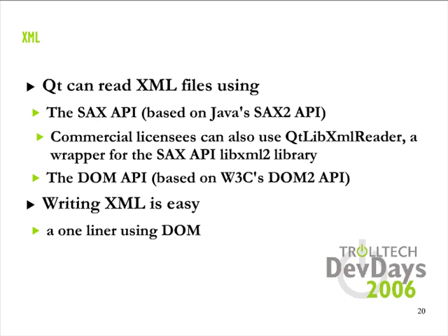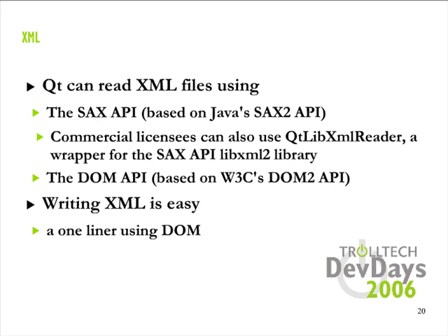And it's actually slightly unusual for Qt because it's modeling a non-Qt API. It has a slightly different feel, but it's not hard to use at all. And if you're used to the Java one, you'll be right at home. There's also a DOM API based on the W3C's DOM reference. And that's also, I think, pretty easy to use.